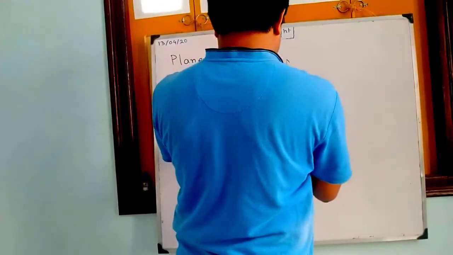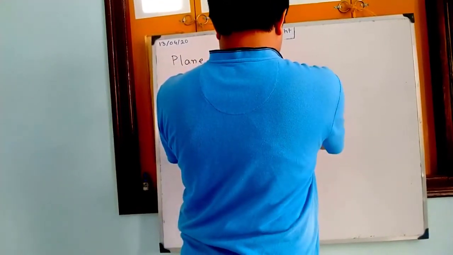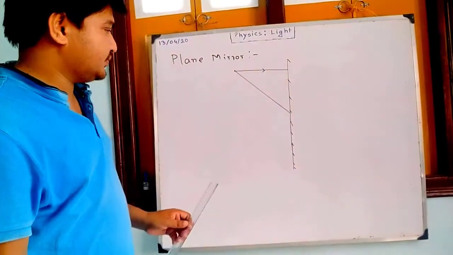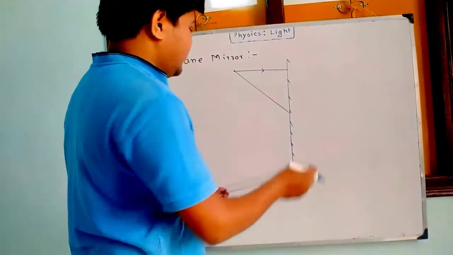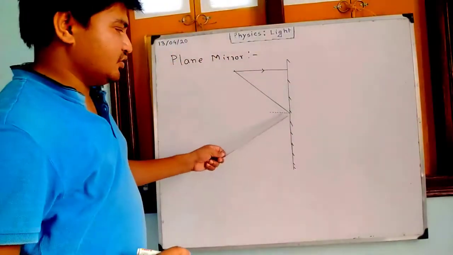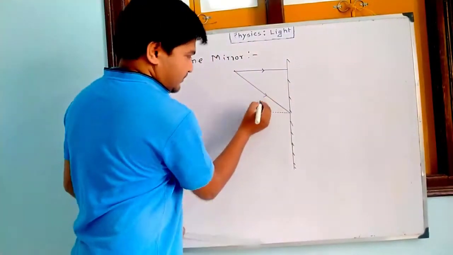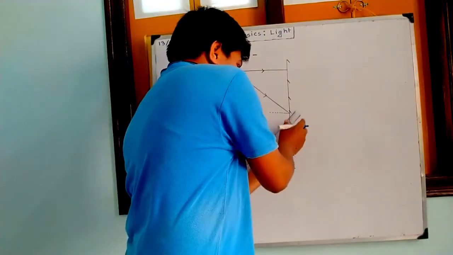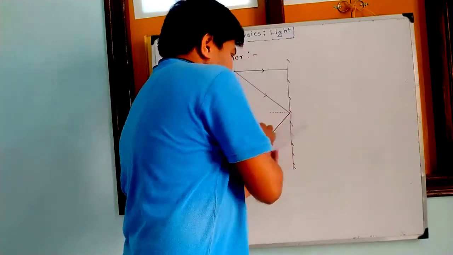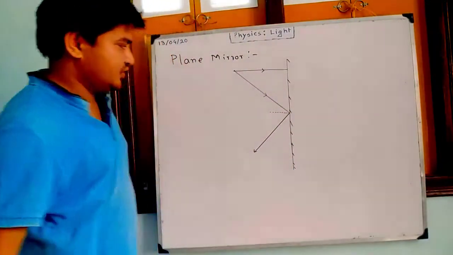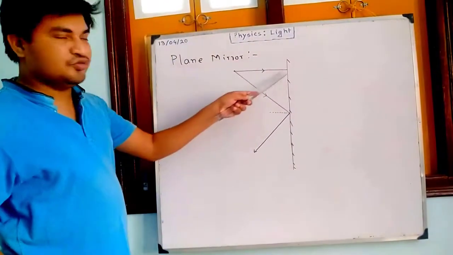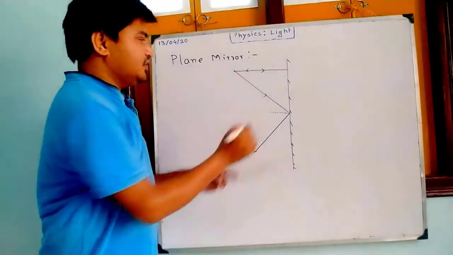Consider another ray. It moves in this direction. And this is the normal at the point of incidence. After reflection, it will move in this direction.